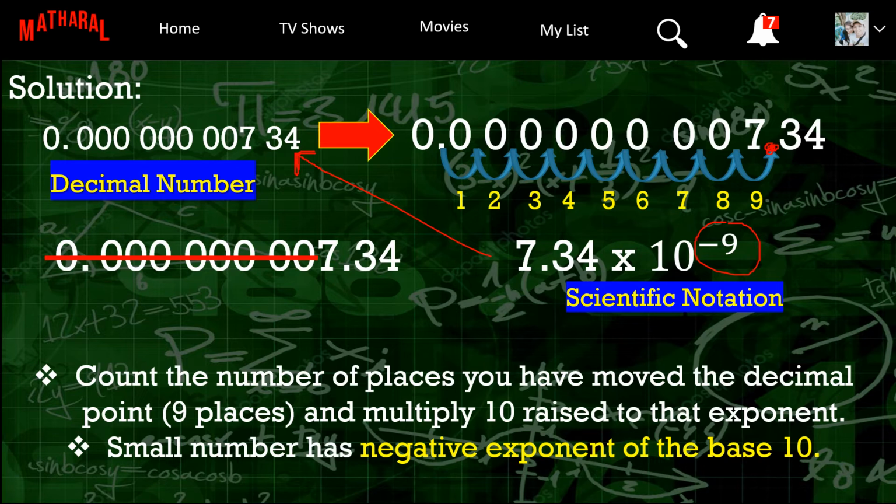And 7.34 billionths in scientific notation is equal to 7.34 times 10 raised to negative 9 power. Take note of this: small numbers have negative exponents of the base 10, as I mentioned earlier. This is one of the most used processes. And then, let's proceed.